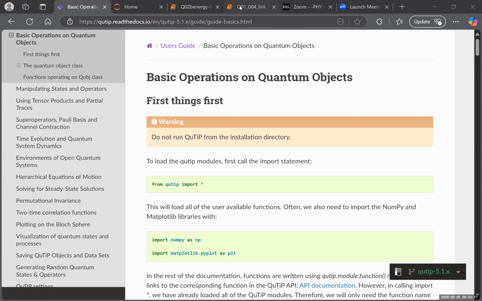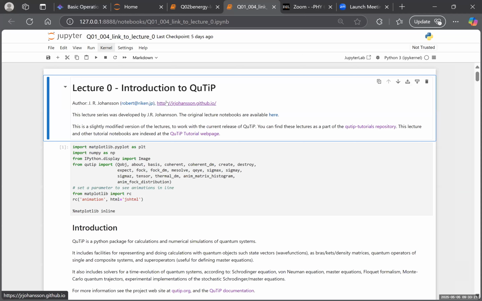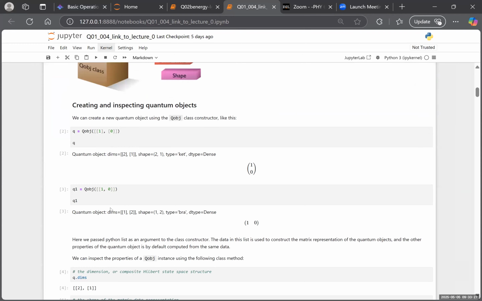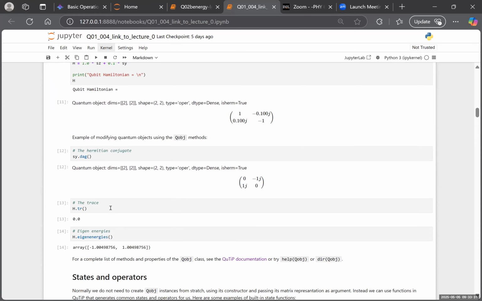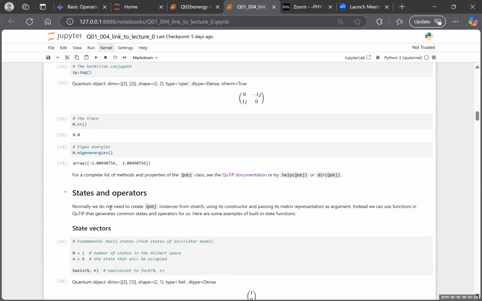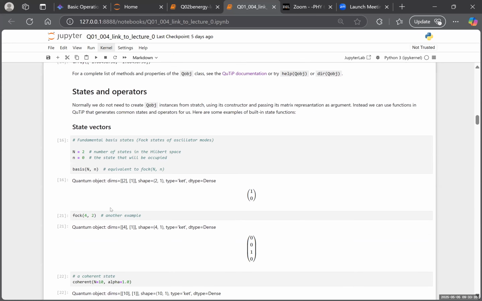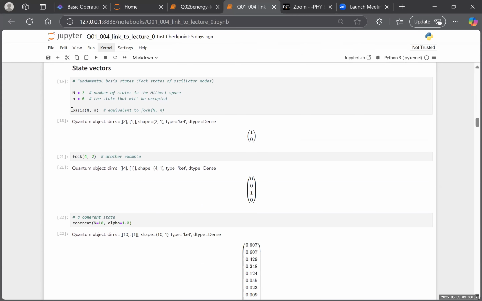Yeah, so I think last time we went over lecture 0, Introduction to QuTiP. We talked about the Qobj object, state, operator. We could use the spaces. We could use the Fock state.